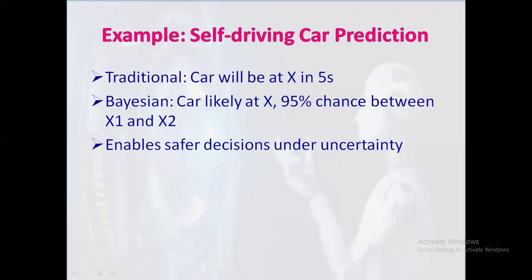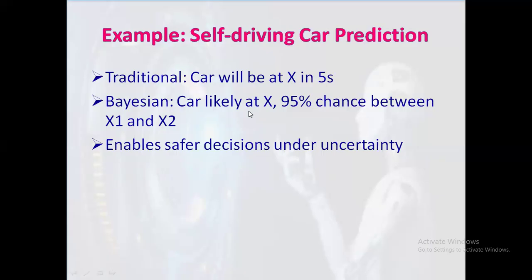Next, let's take the example of a self-driving car and see how traditional regression and BLR work. Consider a self-driving car that needs to predict its future position on the road. A traditional regression model would provide a single predicted location for the next 5 seconds. However, this point estimate could be risky if the model is uncertain due to environmental changes or limited data.